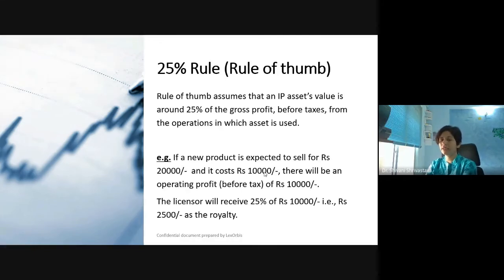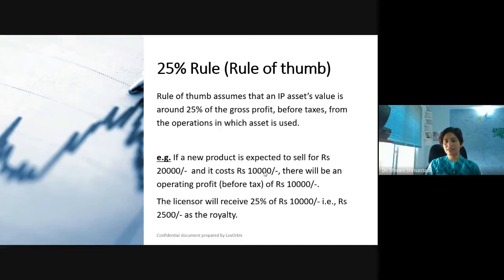So the rule of thumb is that the IP asset value is around 20% of the gross profit before taxes from the operations in which the asset is used. This is the simple formula: 20% of the gross profit before taxes. If I give you an example, there is a product and the expected sale is 20,000 rupees, and the cost of manufacturing the product is 10,000.